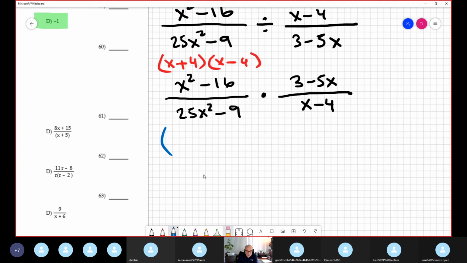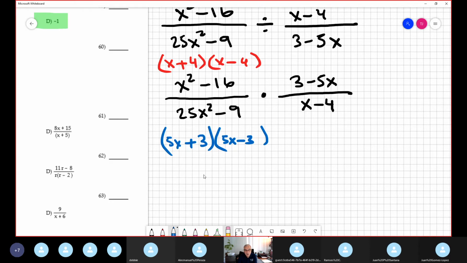One clue is that a difference of squares is a subtraction, of course. 25 and 9 are perfect square numbers: 5x and 3, plus or minus. And that's it, because this expression is prime and this expression is prime. We can't do anything more.